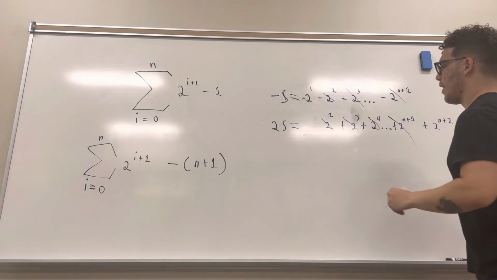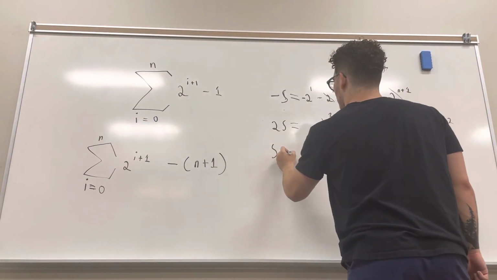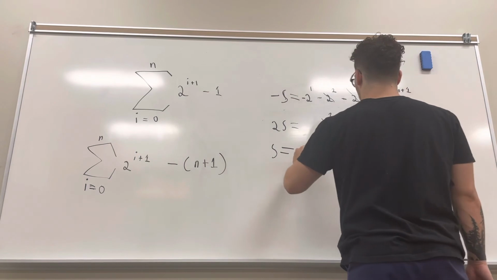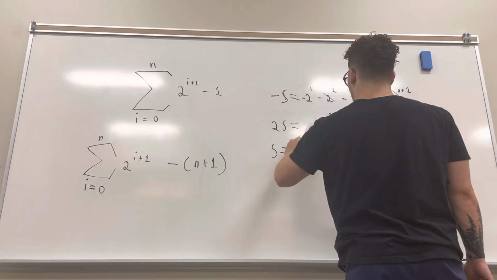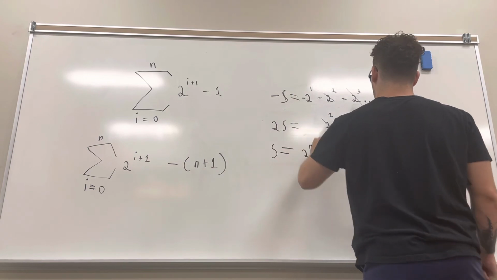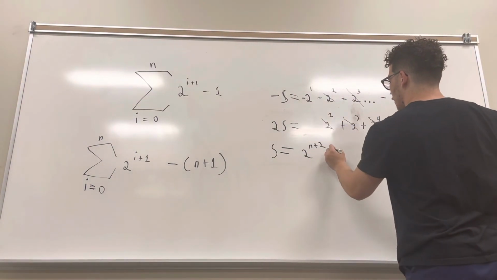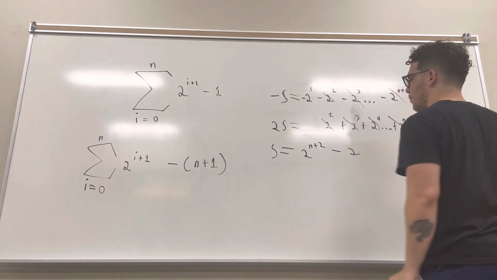So then we have s equals 2 to the n plus 2, because see how this is remaining, and then we still have a negative 2 in here. It's going to be minus 2.